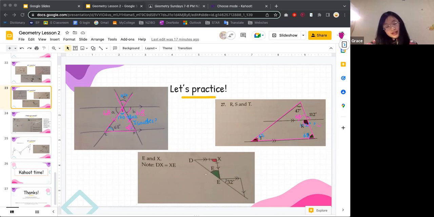Alrighty, so for this next one, it might be a bit more confusing because of the different lines all mixed up together. So I'll just color code it. We've got these two. They've both got two arrows, so that shows that they're parallel to each other. And we've got these two.